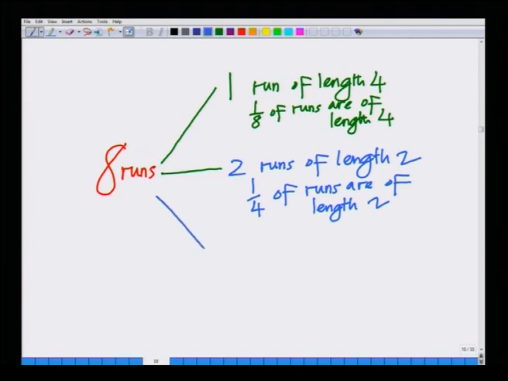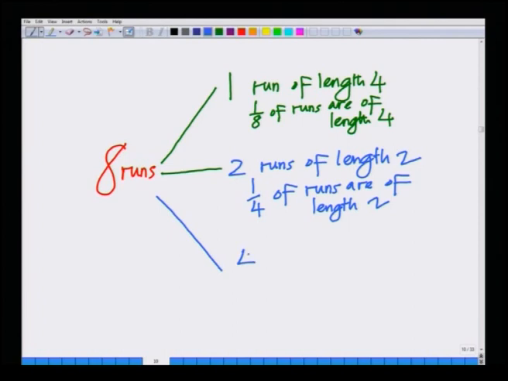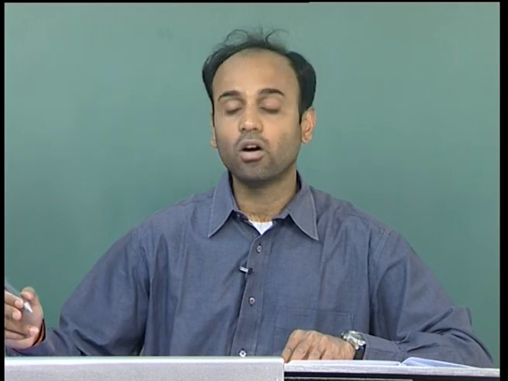And also now I have, you can count here, 1 2 3 4 runs of length 1. So, there are 4 runs of length 1, which means half of the runs are of length 1.